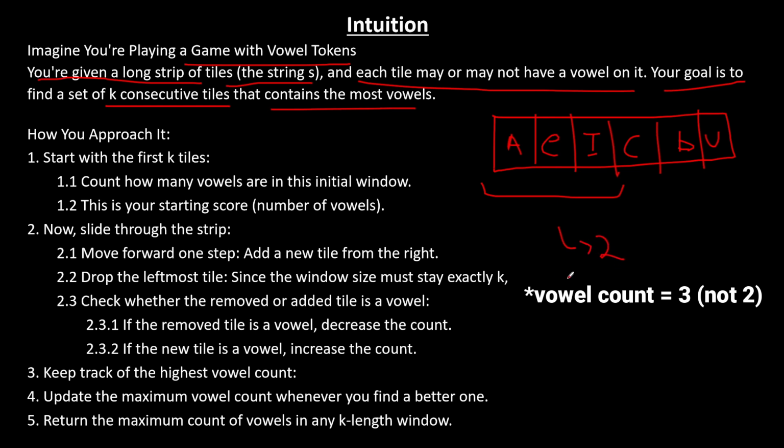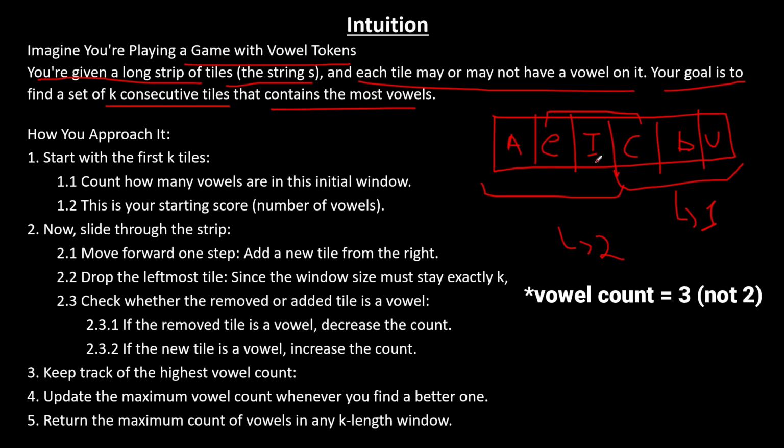Now, intuitively thinking about it, we can go for the next three tiles. In this, we got, sorry, CBU, one. But we missed something here. We missed what? There is another combination of EIC, right?